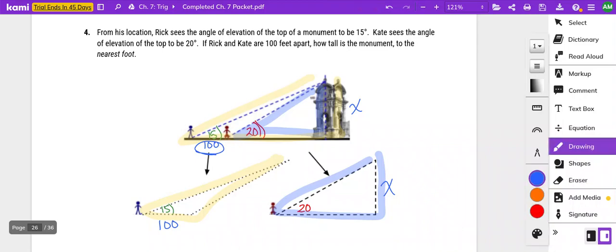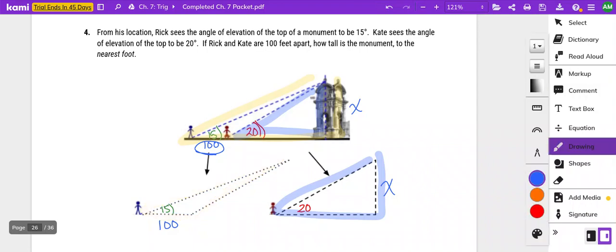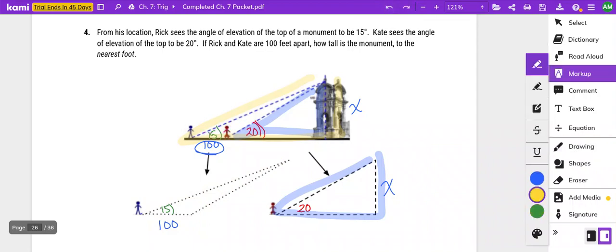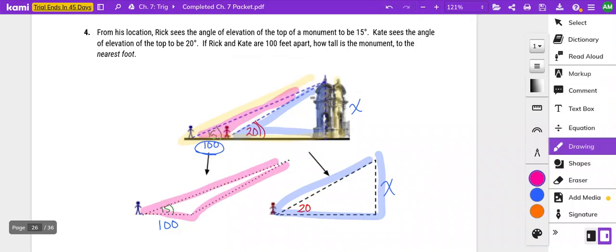My yellow doesn't make sense. Instead, I'm going to highlight this little bitty triangle here. I'm going to need to find this triangle. Otherwise, the 100 is not a side of any triangle, and that's a problem.